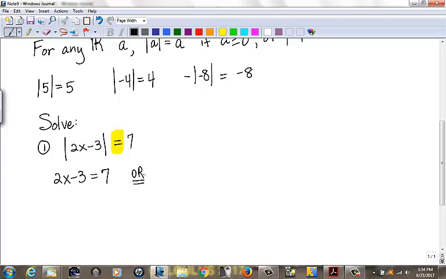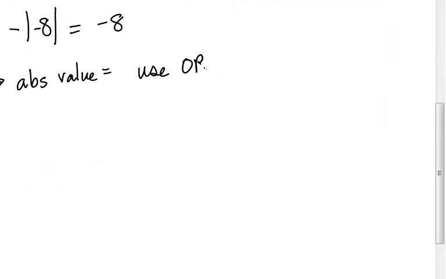You may want to draw a little note out the side: if it says absolute value equals something, then use or between the 2 cases. That will change on examples when we get to inequalities. For right now, we're just doing equal signs.